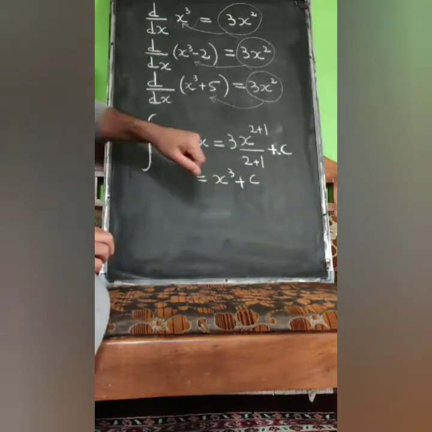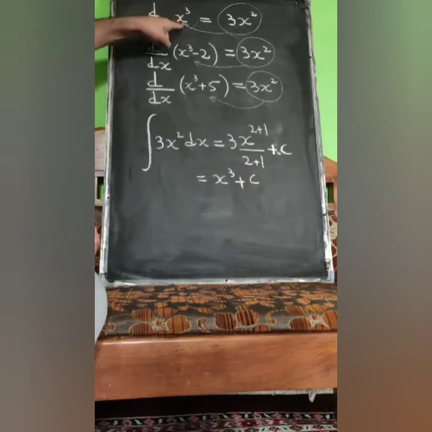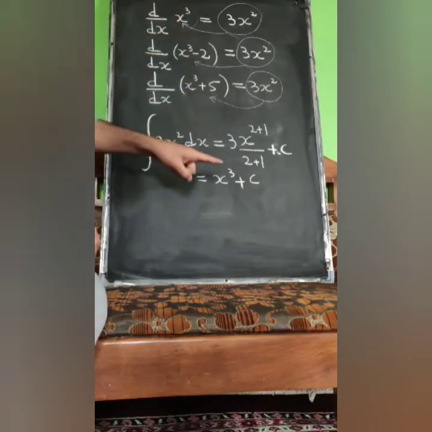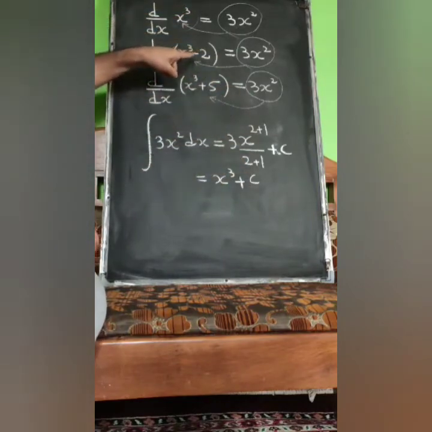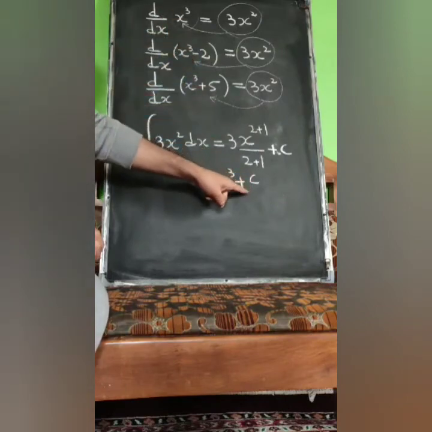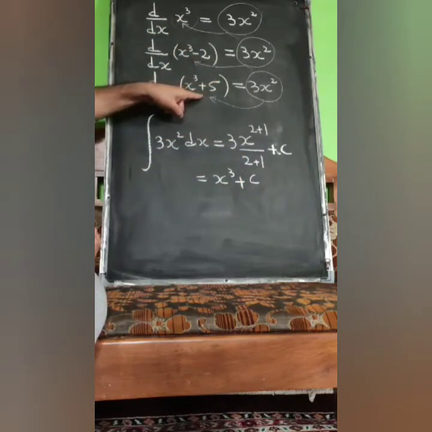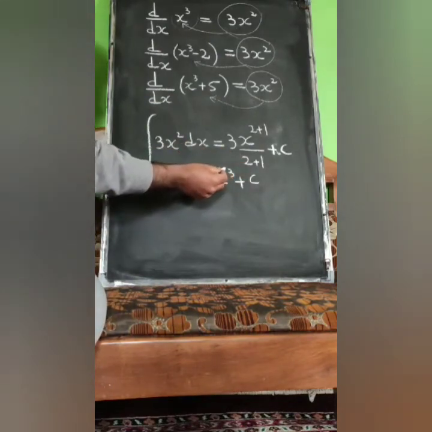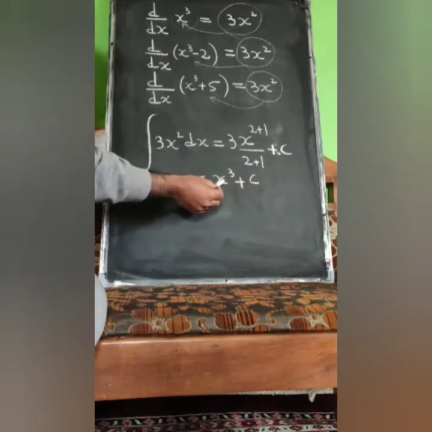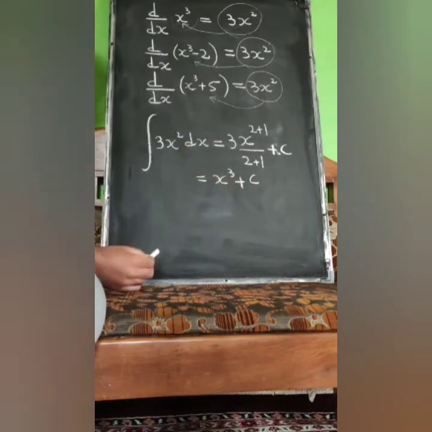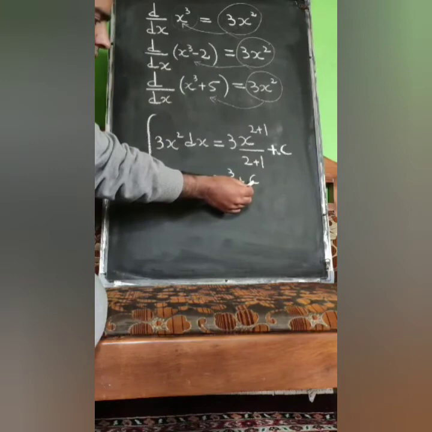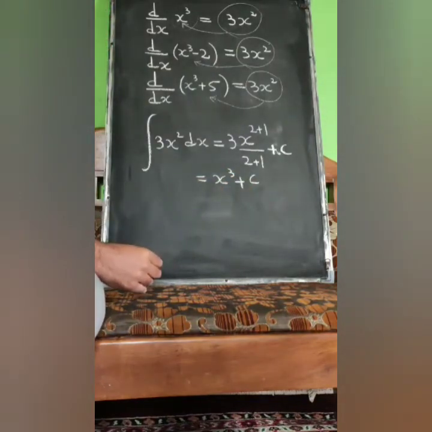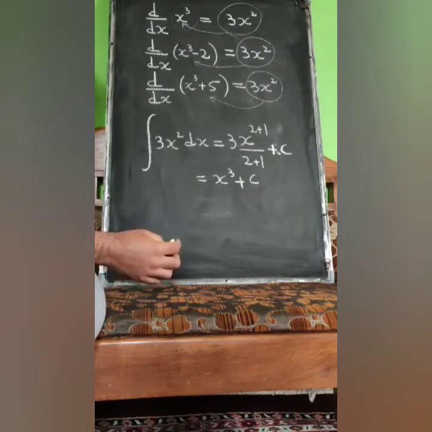This c, it can be 0 like in this case, it can be minus 2 like in this case, it can be 5 like in this case. Now x cube plus c represents every possible antiderivative of 3x square, while c is called integration constant or constant of integration.